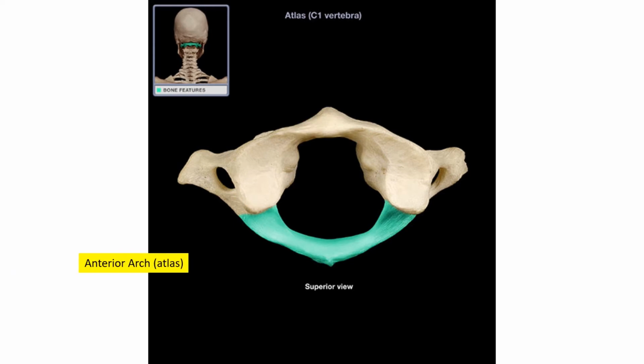This is also the cervical one, the atlas, and we have seen the two lateral masses. We have seen the transverse process with the foramen, and in the previous slide we saw the posterior arch, and the vertebral foramen is completed anteriorly with what is called the anterior arch, which is marked green.